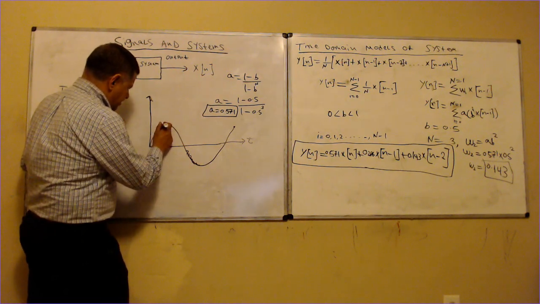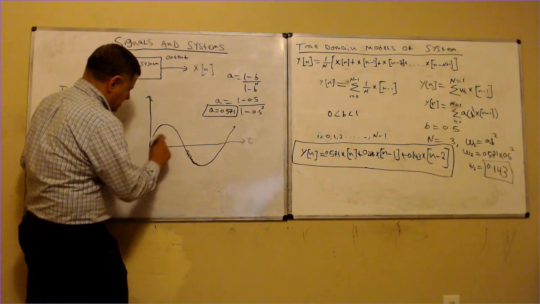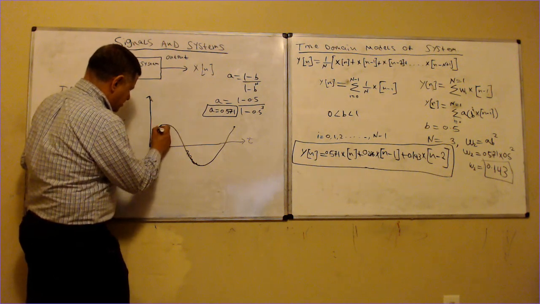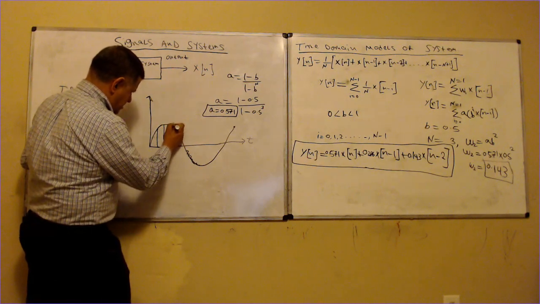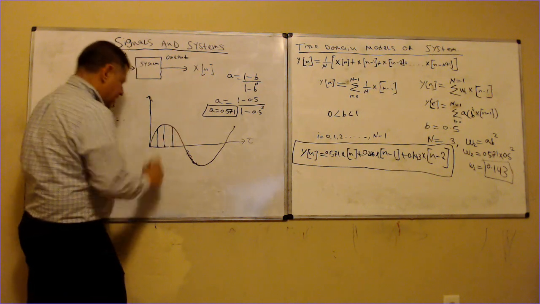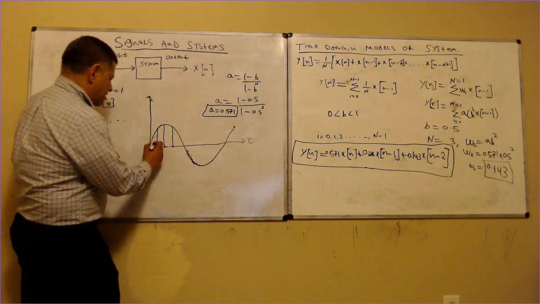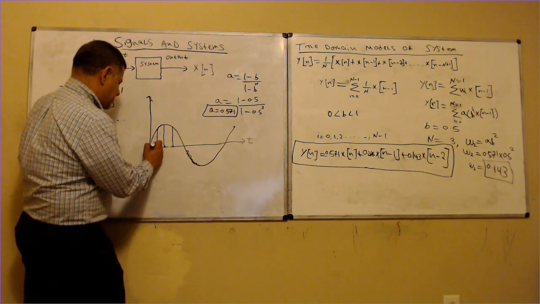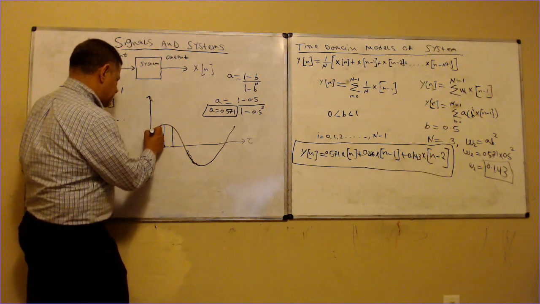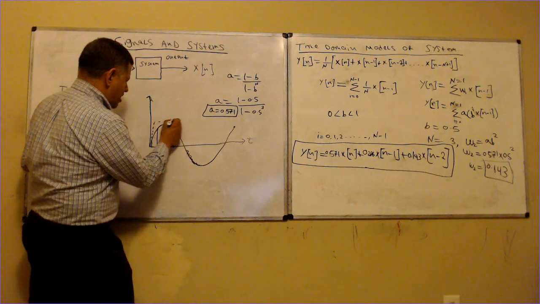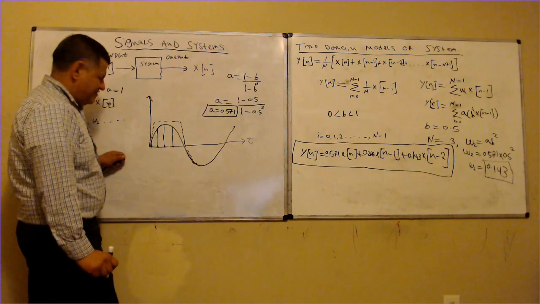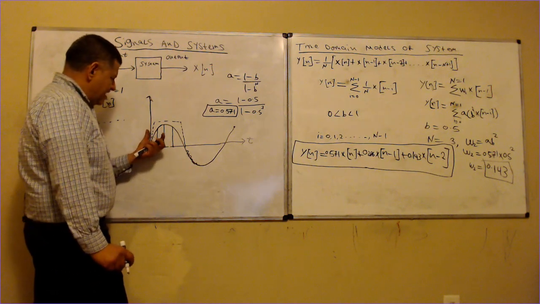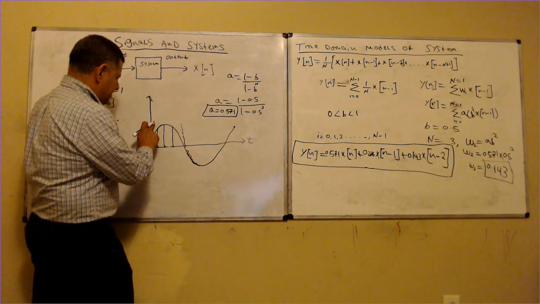Okay, so let's say, for example, you can make a square like that. Now, what systems do? They try to do this. Or the system also will do this.